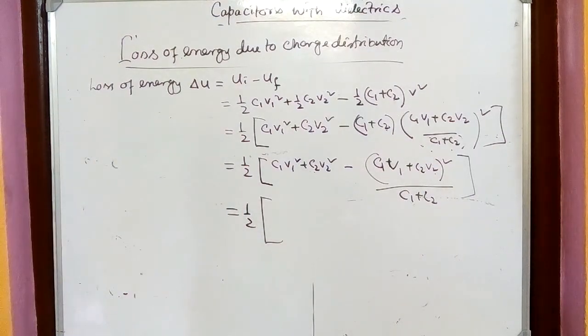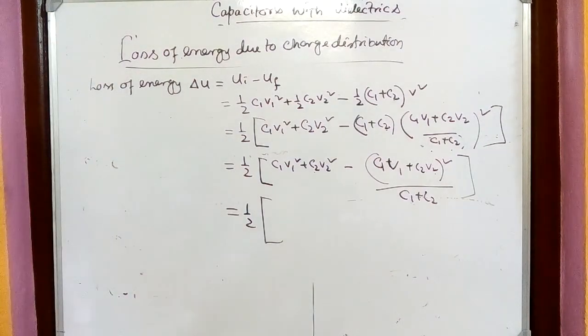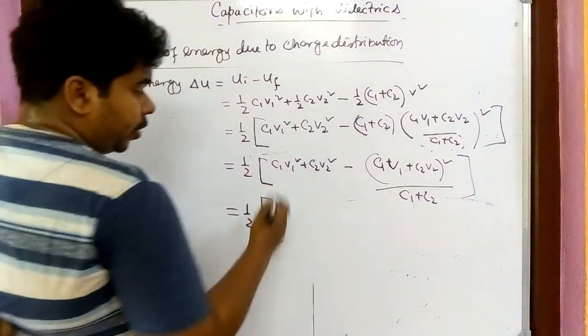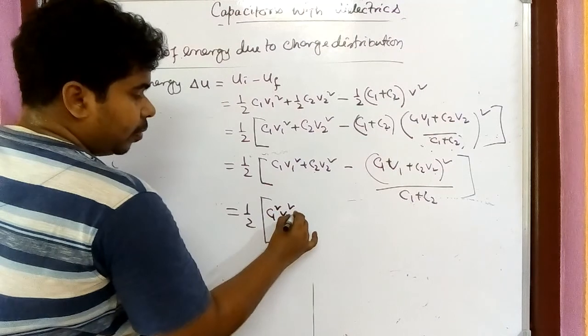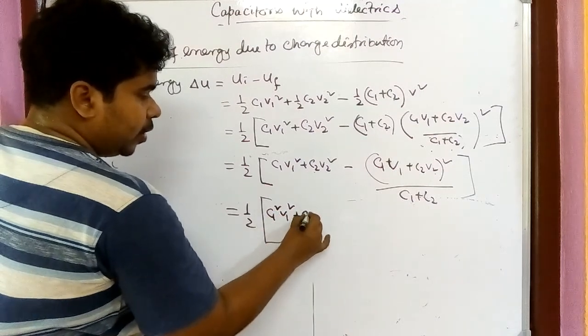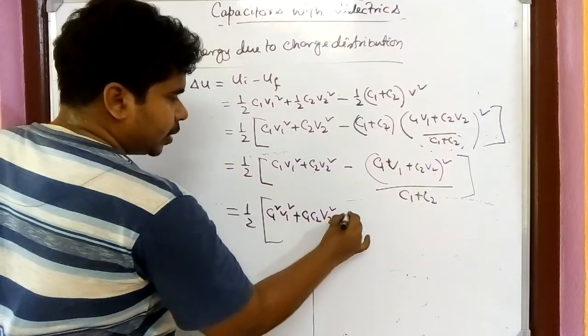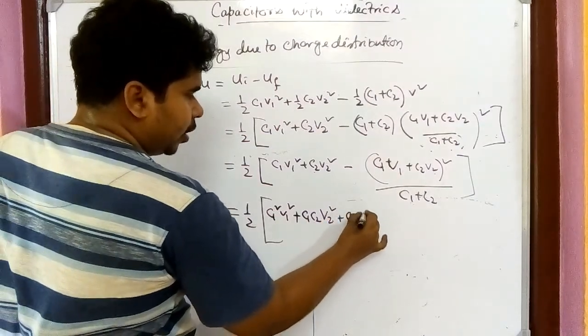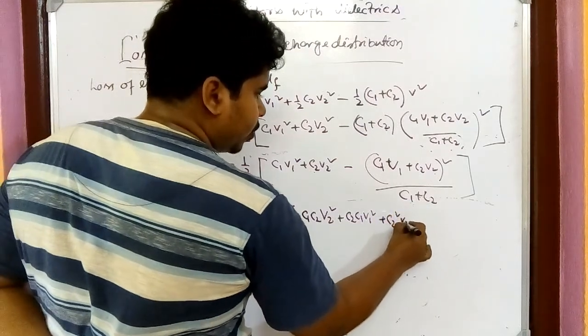See, I'm telling you, it is not such an important thing. If you are not interested, you can stop the video here. It is not like you have to remember this. If you have not done it also, no problem. So if I multiply, that is C1 square V1 square plus C1 C2 into V2 square plus C2 C1 into V1 square plus C2 square V2 square.